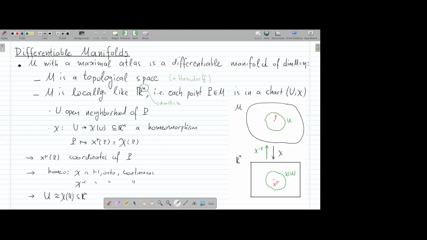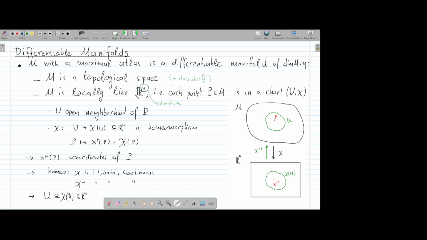We have already said what we mean by M being a topological space and a Hausdorff topological space. Now let's explain what it means to be locally like Rn. Locally like Rn refers to homeomorphisms between open sets of M and Rn.